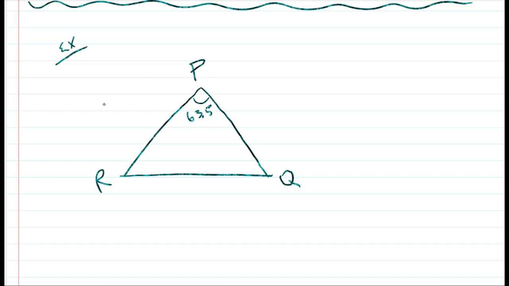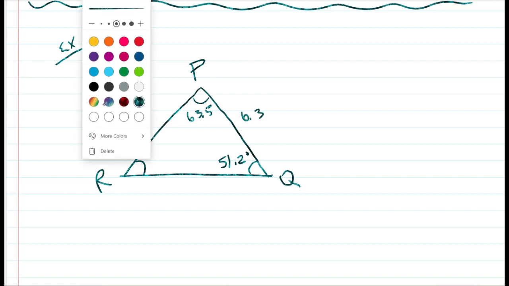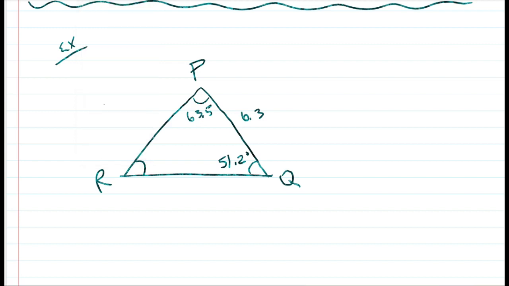It has an angle Q of 51.2 degrees. We don't know angle R, but we do know side R is 6.3. We don't know side Q or side P, and we don't know angle R. I'll put those in red.